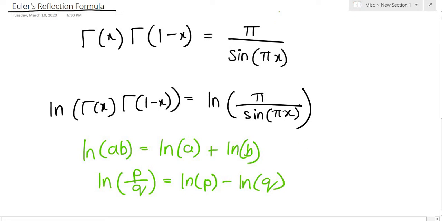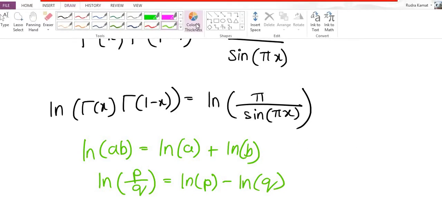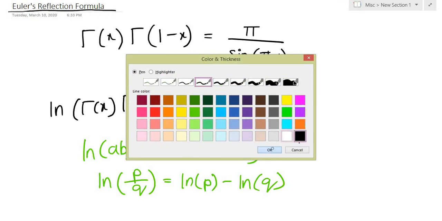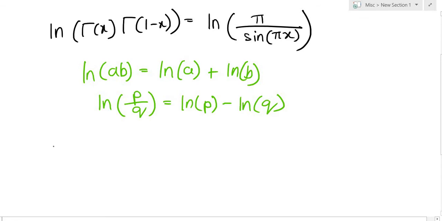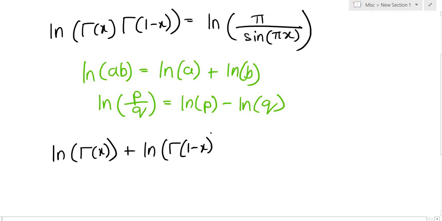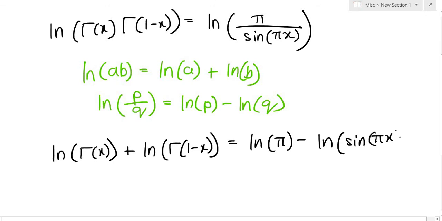So I'm going to implement these very same identities when I split whatever we have over here. So we're going to be left with the natural log of gamma of x plus the natural log of gamma of 1 minus x being equal to the natural log of pi minus the natural log of sine of pi x.